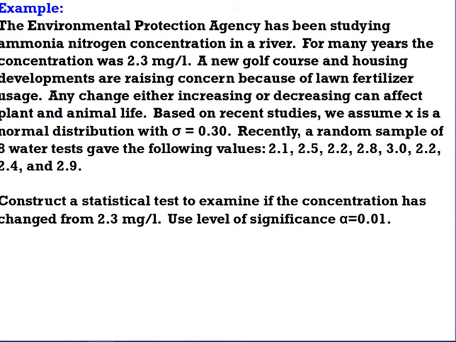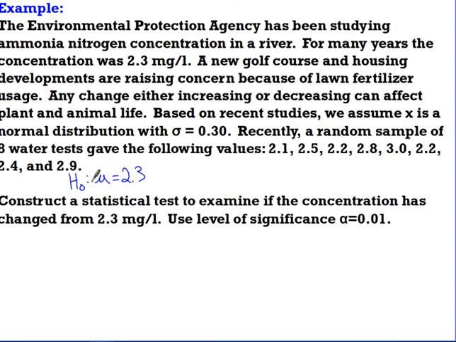Okay, so the EPA, the Environmental Protection Agency, has been studying ammonia nitrogen concentrations in a river. For many years, the concentration was 2.3 milligrams per liter. So, null hypothesis of 2.3 milligrams per liter.